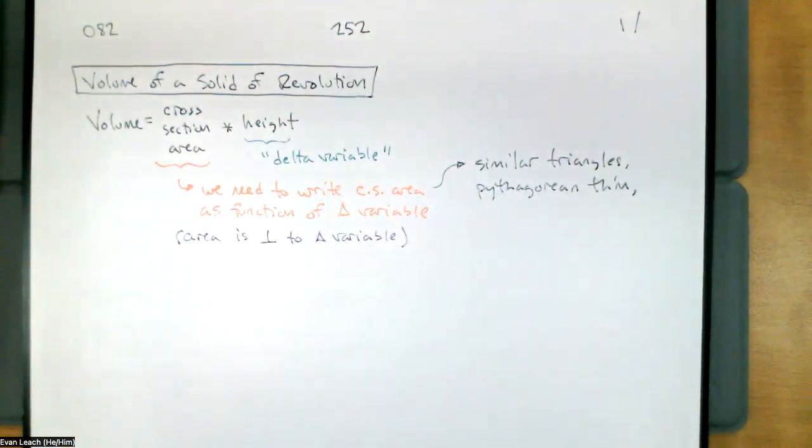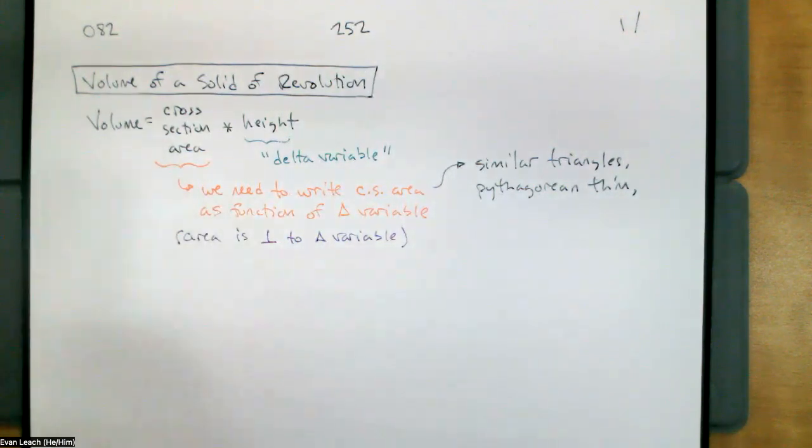We used similar triangles to write our area as a function of the height, and we used the Pythagorean theorem to write our area as a function of the height. And now we're going to do a different one. We're going to find the volume of a solid of revolution. That's our new one today.